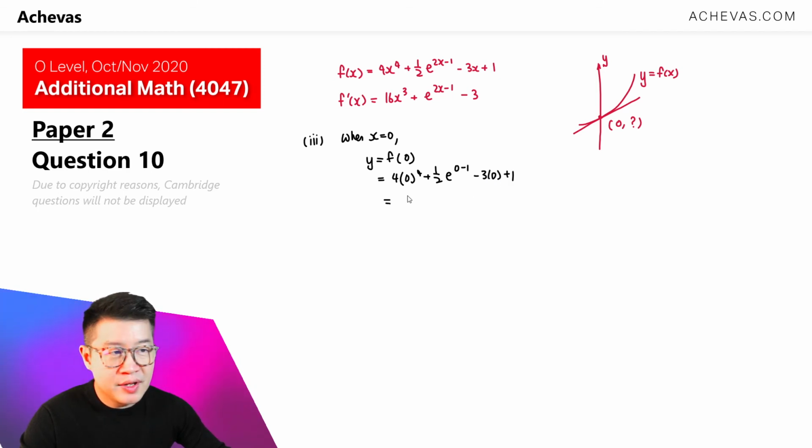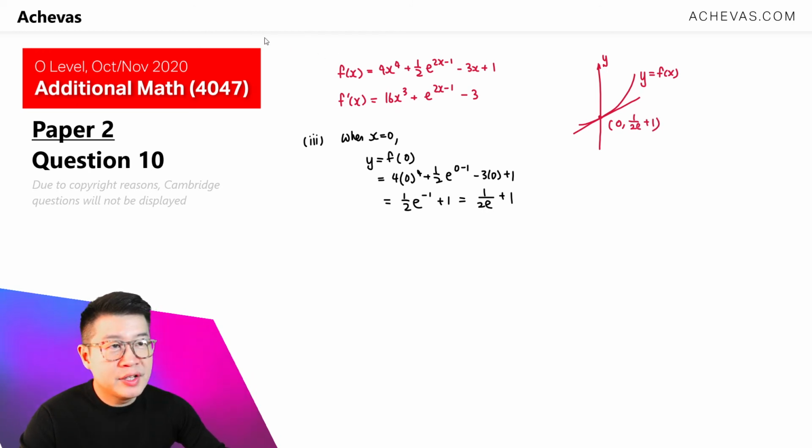The y-coordinate is going to be equal to 1 over 2 e to the power of minus 1 plus 1, and this is 1 over 2e plus 1. So the y-coordinate, now we know, is 1 over 2e plus 1.